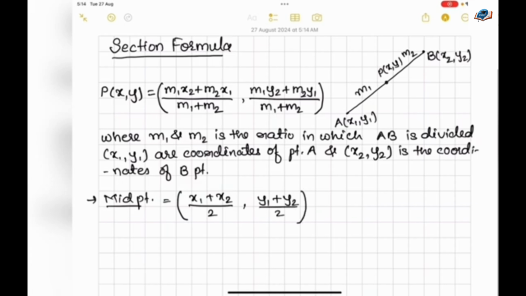See, it is nothing but m1 I am putting 1 and m2 I am putting 1. So 1 plus 1 will be 2, and m1 into x2 will be x2, m2 into x1 will be x1. So that way x1 plus x2 upon 2. But this formula we can even use directly.